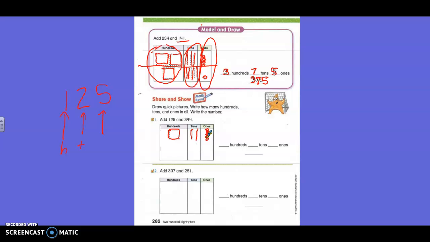Okay. Now that's the first number, right? Let's draw the second number. Okay? 344. How many hundreds would we draw? Matthias? 3. Remember, this is the hundreds place. You draw 3 big squares. Okay? 3 big squares for the pictures.